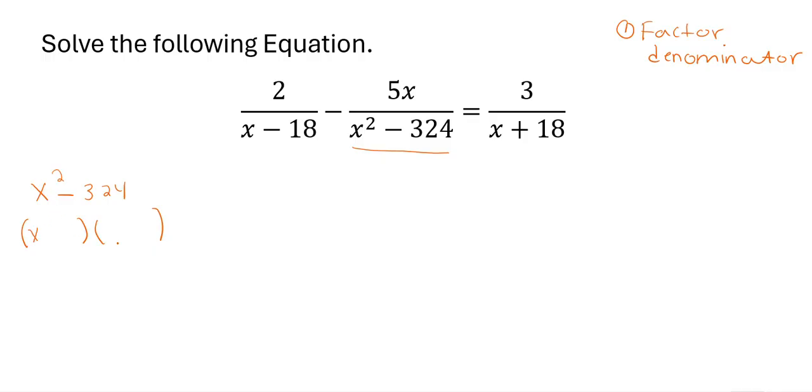The square root of x squared is x. The square root of 324 is going to be 18, just because you can see how you have 18 here and 18 over here. That kind of already is a given. So you put that right there. And then your signs just have to be different, so plus or minus.